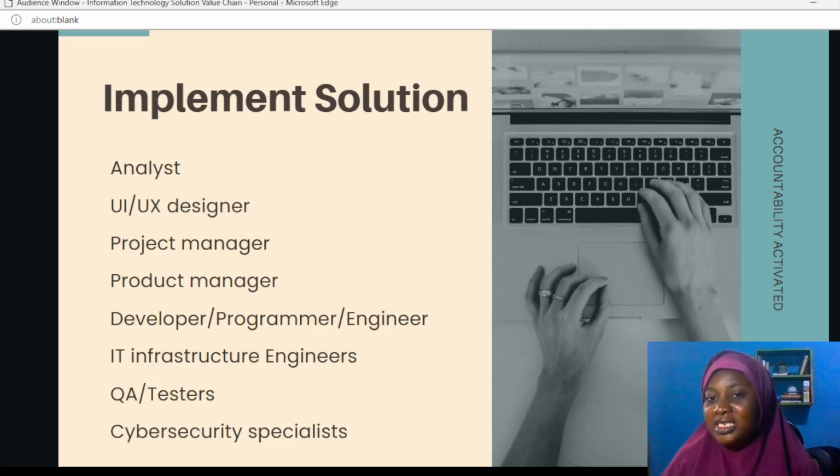So the project manager, we already talked about him. The product manager is someone involved in ensuring that the IT product, from start to finish, is created smoothly. And he also has the responsibility of communicating with the team, if it's a team that is developing or implementing the solution.